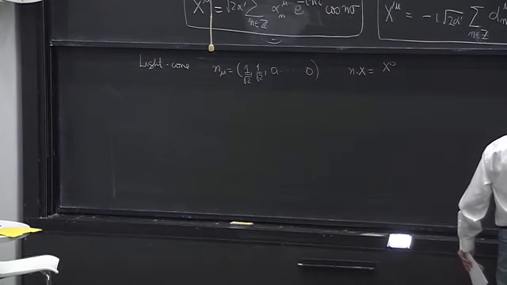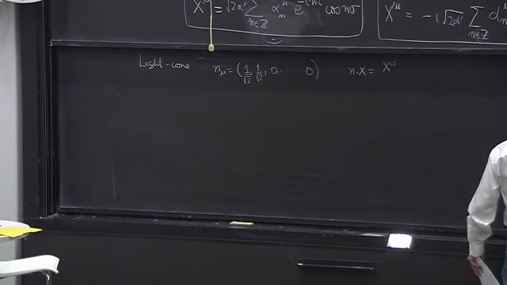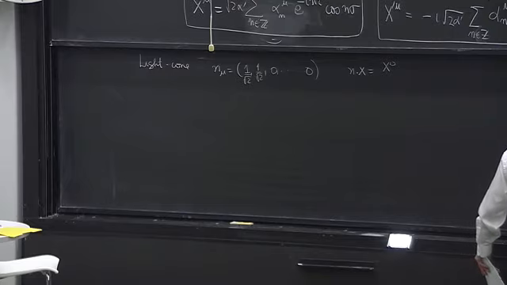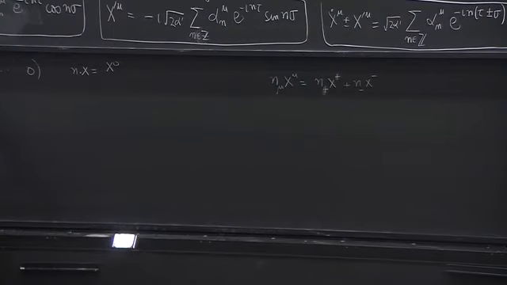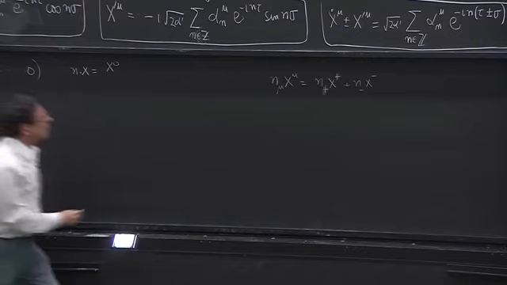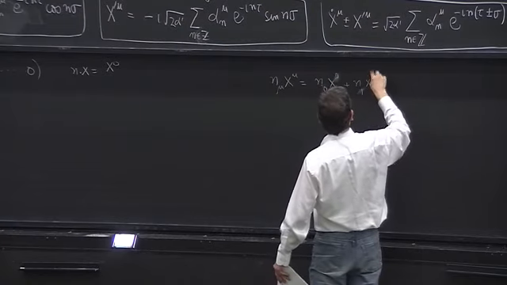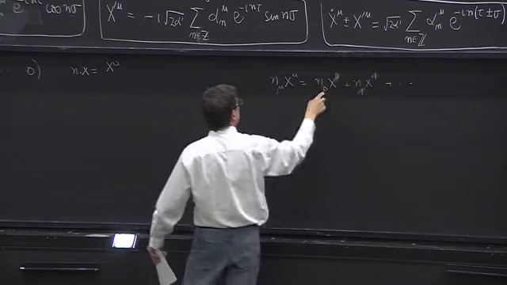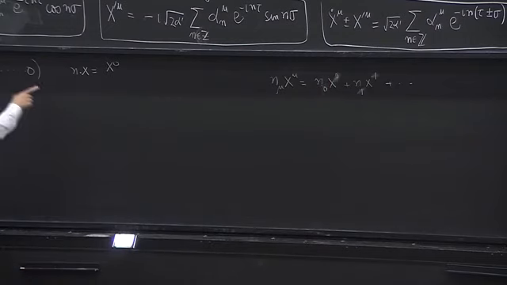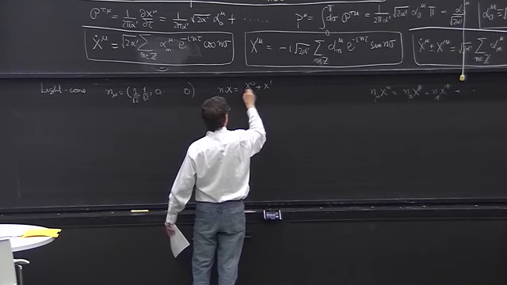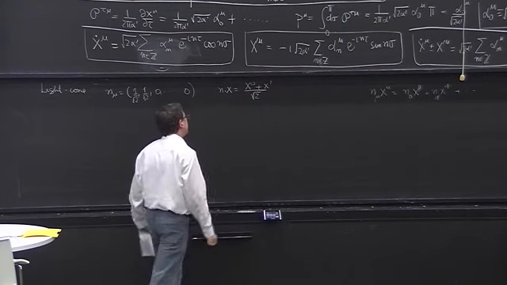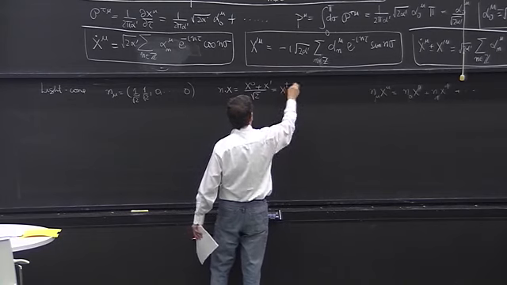Remember, this is n plus x plus n minus x minus. You sum over those indices. Actually, I'm sorry, maybe better. Let's do this like that. n0, x0, n1, x1. The sign arises when you raise or lower the index. So here, n dot x is x0 plus x1 over square root of 2. And that is what we called in our first lecture x plus.